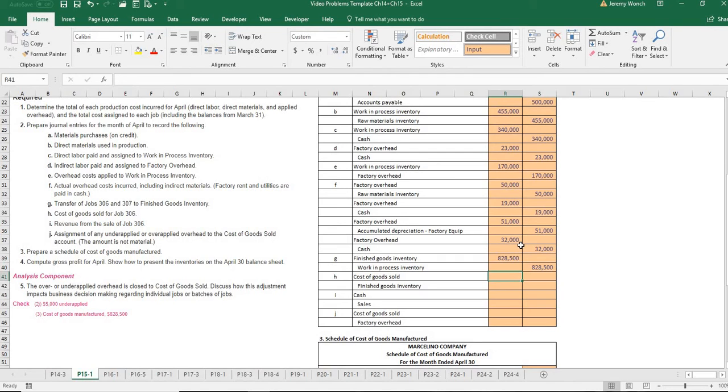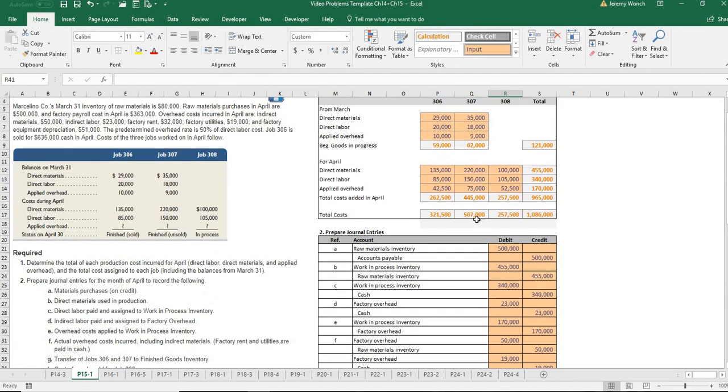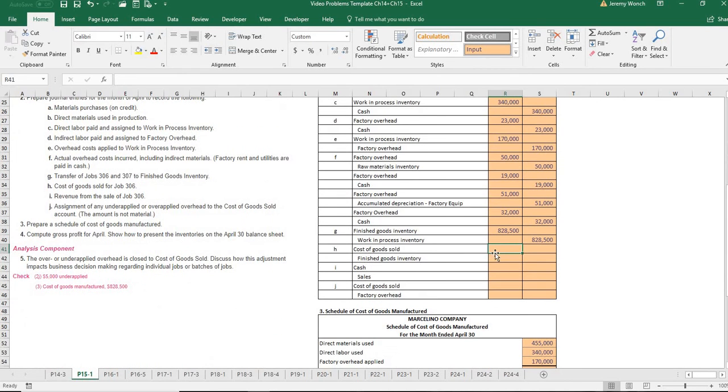And then H, cost of goods sold for job 306. So it looks like we finished jobs 306 and 307. We sold 306, and 307 is still sitting in inventory. And then job 308, we still haven't finished yet. The cost was $321,500.